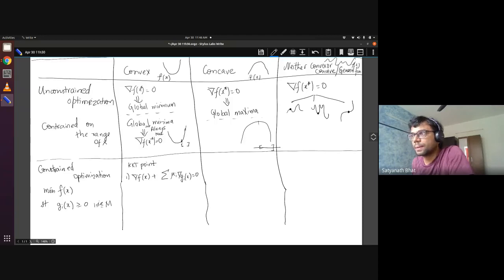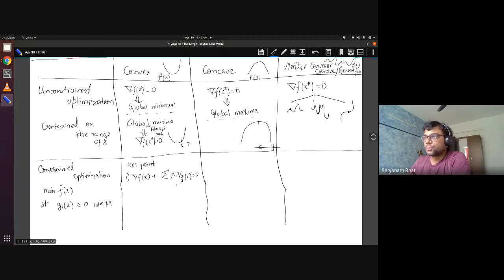This is 1. Because the idea is, when you try to minimize f of x and you are on the boundary of one of the g_i of x, when you try to minimize this, you end up increasing this. So negative of gradient f of x should lie in the positive combination of the gradients of the g_i's. If you want to write it in a single equation, this is what it boils down to.